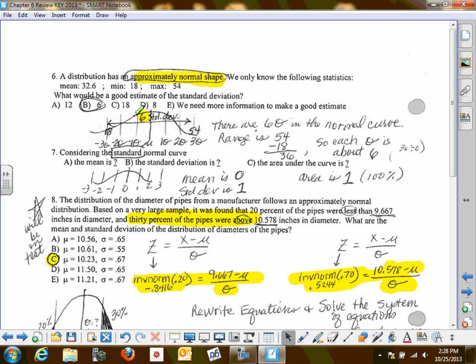So you have 3 down and 3 up. Okay? So it says that the minimum is 18. So from 18 up to 54, there should be 6 standard deviations. So that from here to here is a range of 36 points. And if 36 points is the span across 6 standard deviations, then that means each standard deviation's got to be about 6. Because 36 divided by 6 is 6.